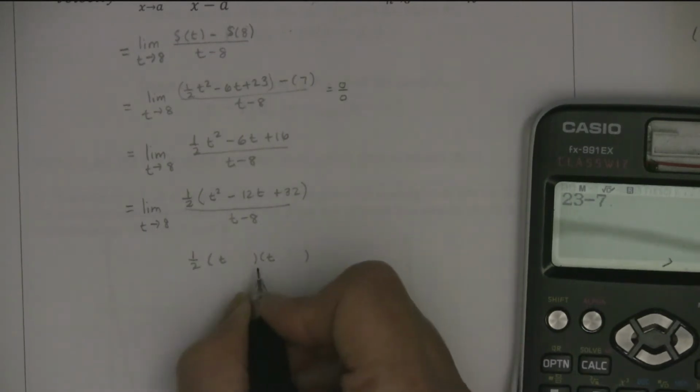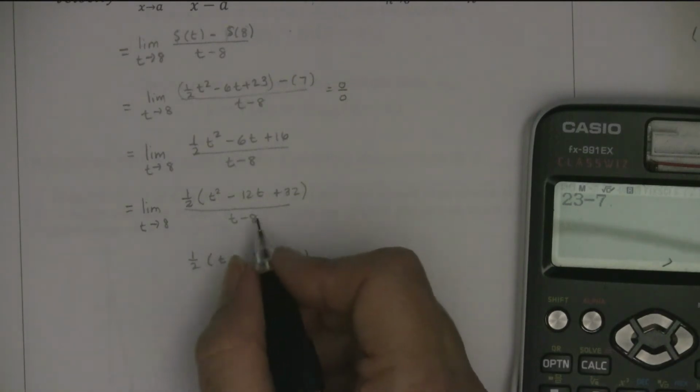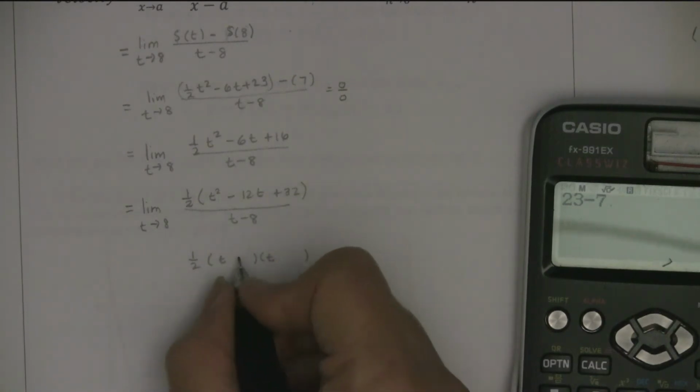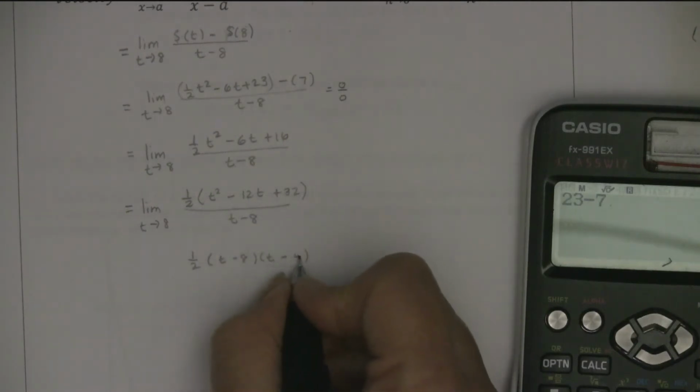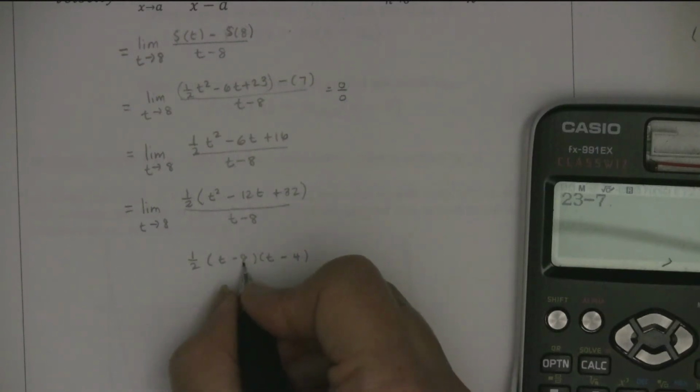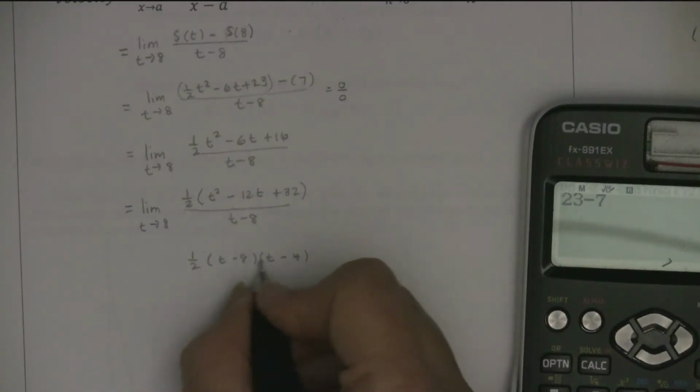And I know that it's got to be t minus 8, because those are going to cancel. So I put the minus 8 here, and to make 32, I already have a minus here, so I'm going to have a minus here because it's a plus 32. This has got to be 4. And then I want to verify that, if I was to FOIL this out, would I get negative 12 for the center?